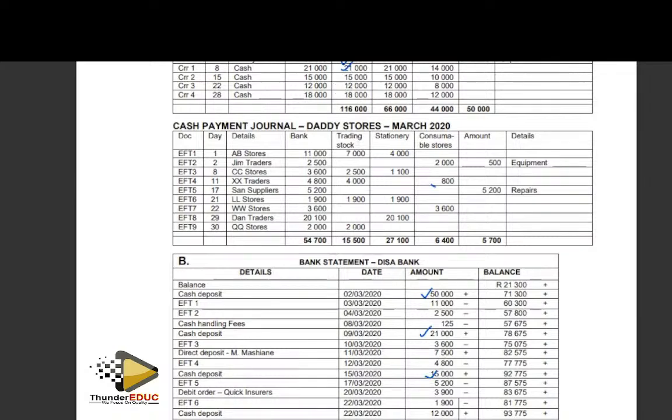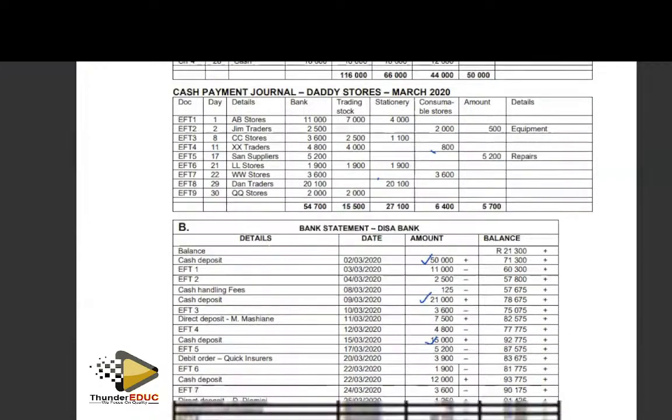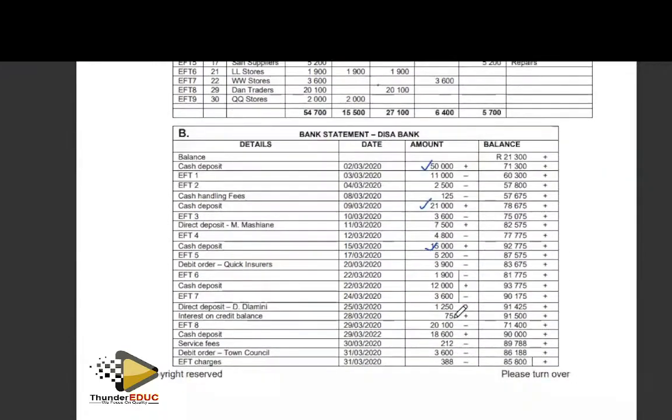Then we have the 12,000. Sorry, on the statement we have the 12,000. What is the 12,000? Cash deposit, 22nd. Okay, 12,000. Even here on the cash receipts journal, I have the 12,000.